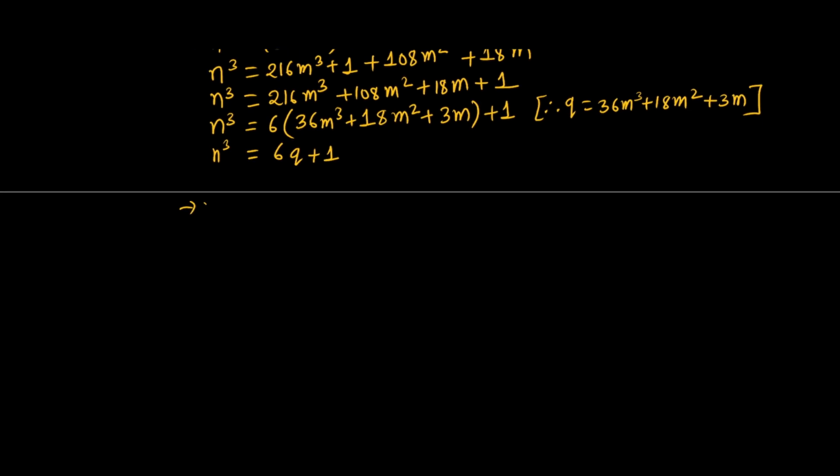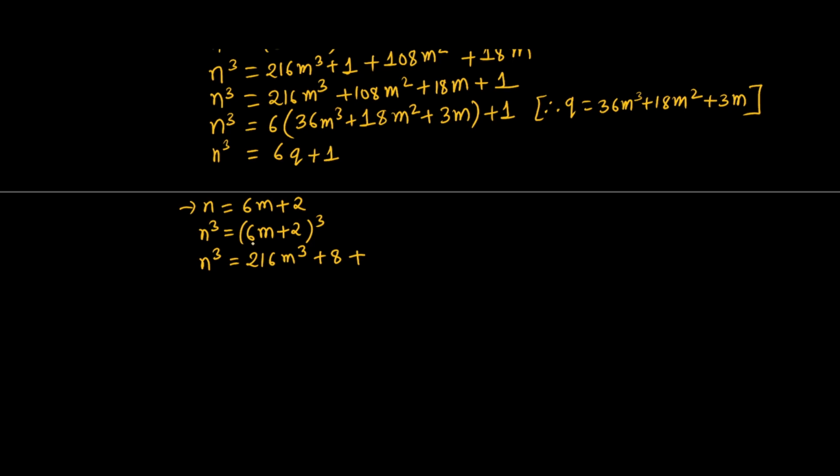So n is equal to 6m plus 2. So cubing both sides, we will get 6m plus 2 whole cube. So n cube is equal to a plus b whole cube. So a cube 216 m cube plus 8 plus 3a square b. So 3 into a square.